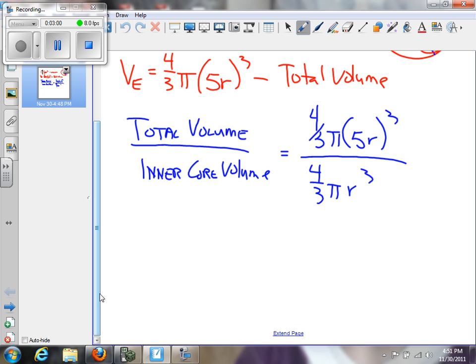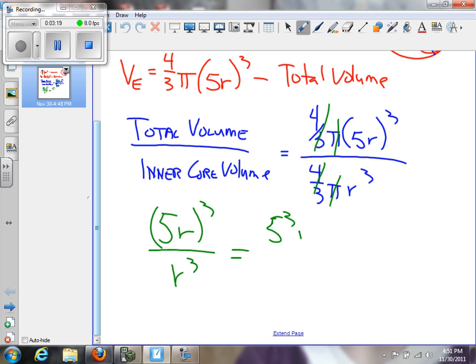Well, I think I would like to first cancel out my 4/3, and I'd like to cancel out my pi's. I'd like some pumpkin pie. And I'm going to have now (5r) cubed over r cubed. That's the same thing as saying 5 cubed r cubed over r cubed.